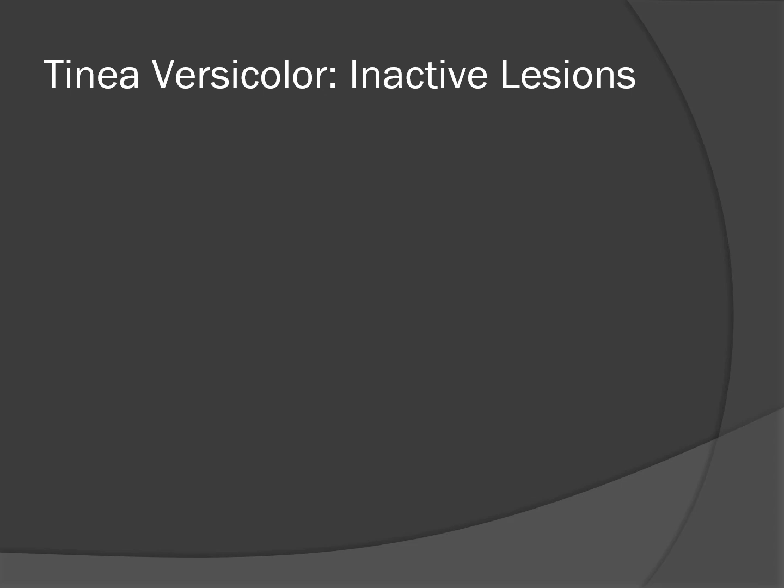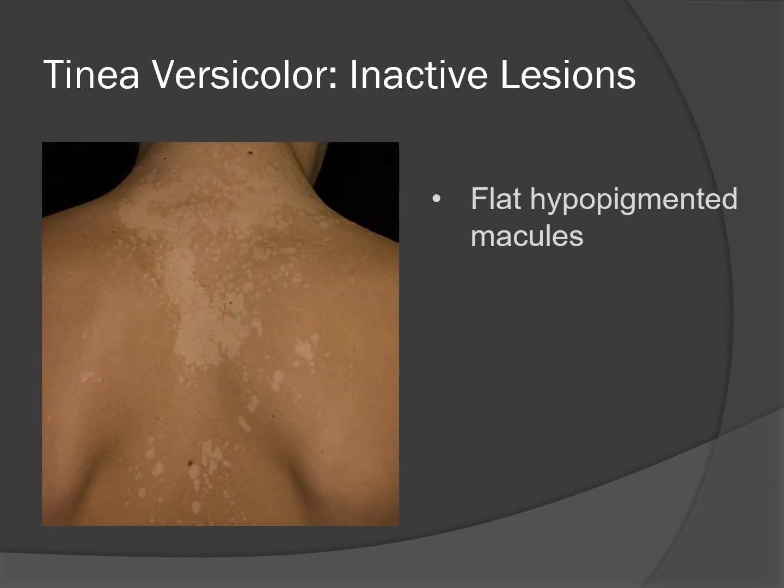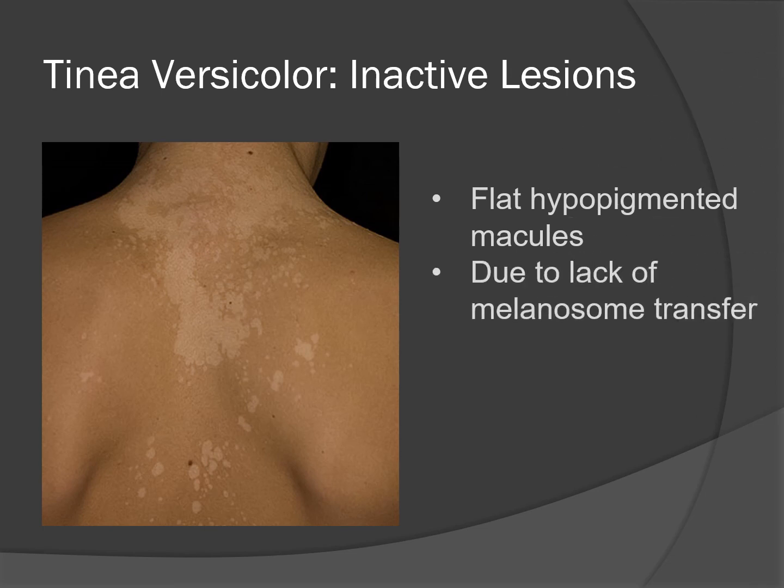As opposed to inactive lesions of tinea versicolor, which are not elevated and do not become erythematous and are not scaly, but rather present themselves as flat, hypopigmented macules and patches. This hypopigmentation of these lesions is due to the lack of melanosome transfer that happens while the Malassezia furfur fungus is on top of the skin.